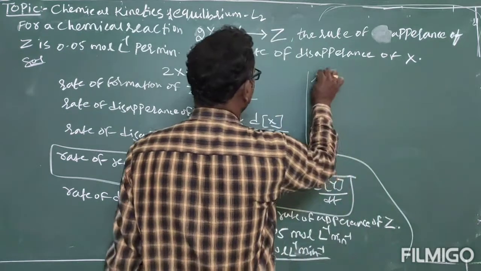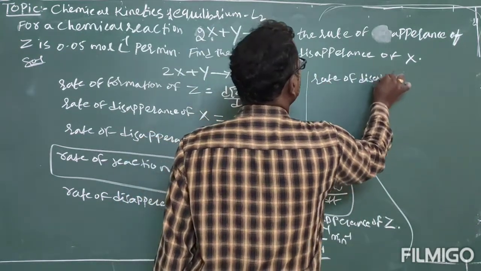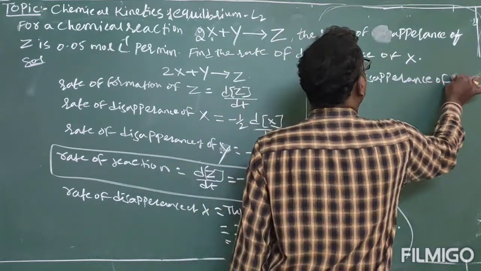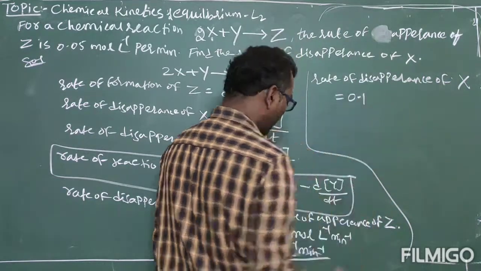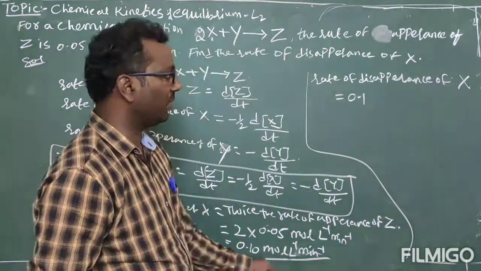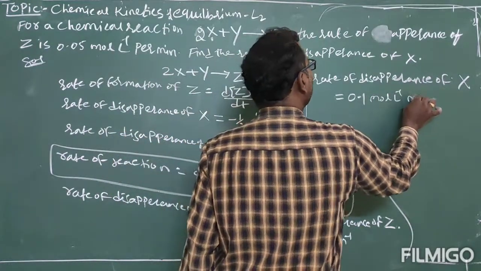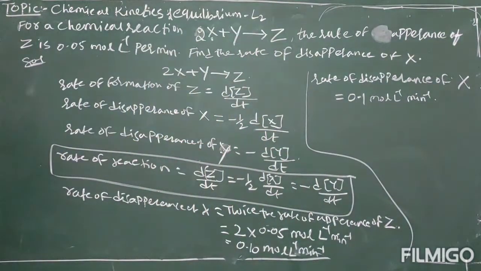So what can I write now? Finally, the rate of disappearance of x is equal to 0.1. 0.10 is nothing but 0.1 mole liter inverse minute inverse. So this is the way we will be solving the problems.